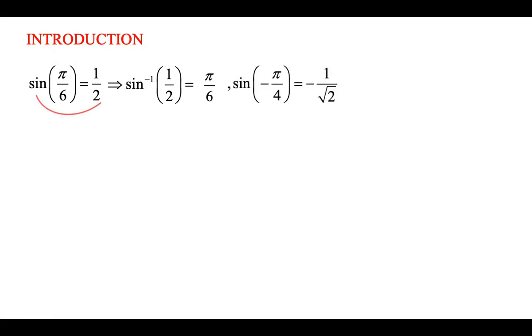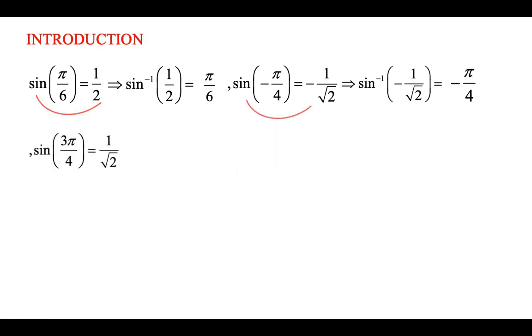Similarly, sine of minus pi by 4 is minus 1 by root 2. With the same logic, sine inverse of minus 1 by root 2 should be minus pi by 4. And sine of 3 pi by 4 is 1 by root 2.